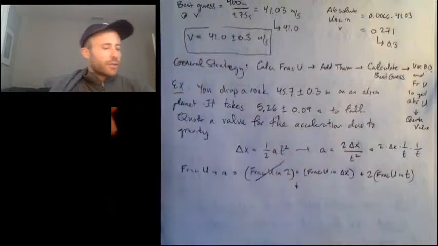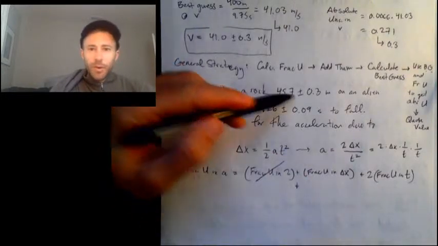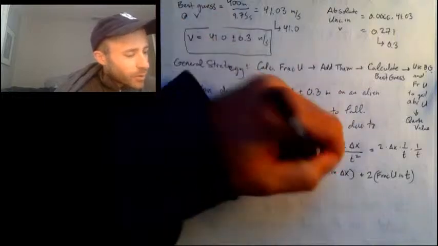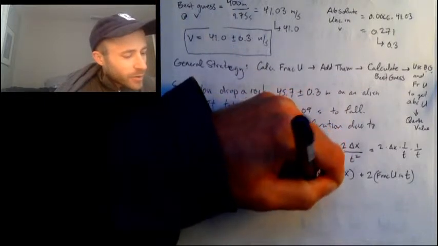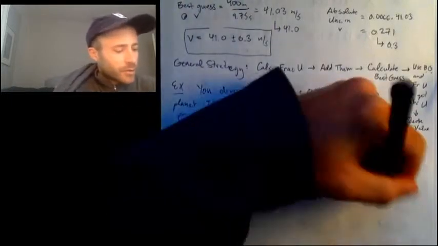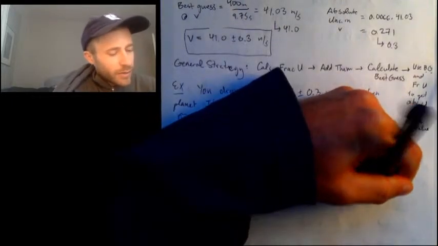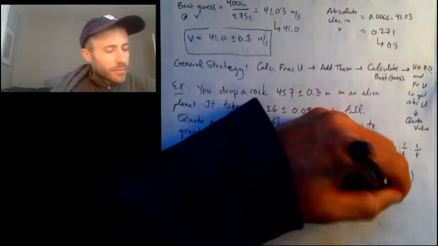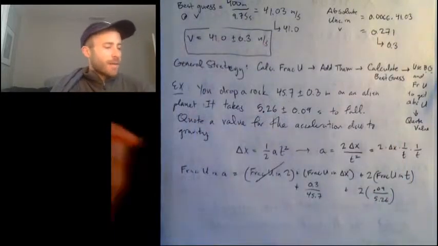The fractional uncertainty in delta x is going to be 0.3 divided by 45.7. 2 times the fractional uncertainty in time is 0.09 divided by 5.26, like that.